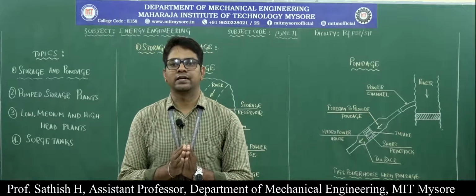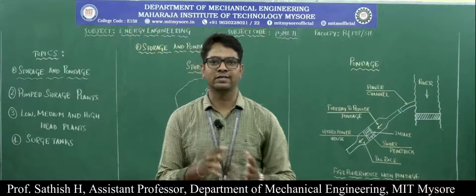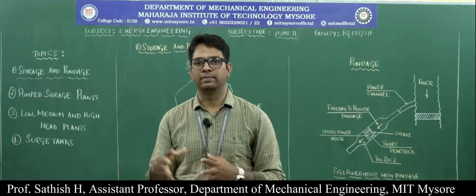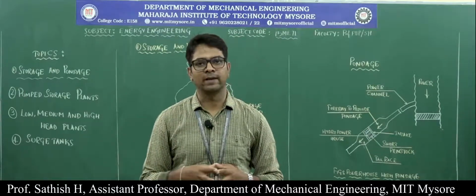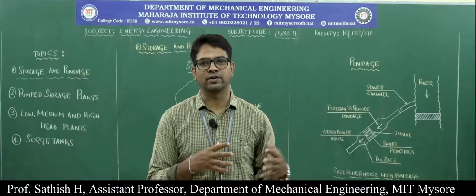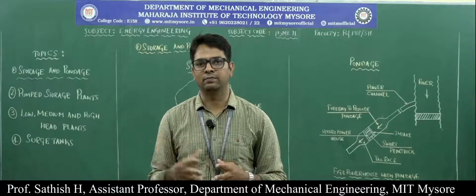Under this, we will try to understand the condition under which we can call a plant a low head, medium head, or high head power plant. Also, with the help of a sketch, we will understand the construction and working of these low, medium, and high head power plants.